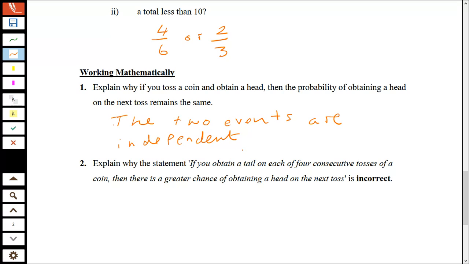Okay, independent. All right, the two events are independent, comma. So the probabilities remain the same.